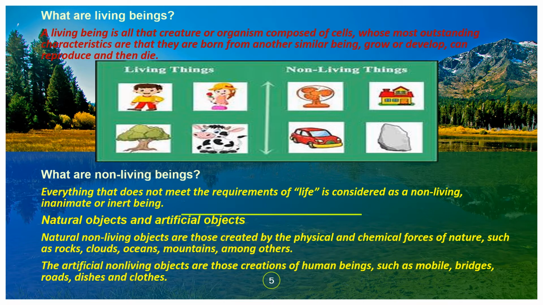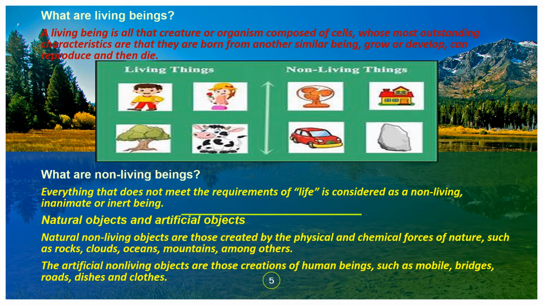You might have studied in your previous class that the basic unit of our body or living organism is the cell. So a living being is any creature or organism composed of cells whose most outstanding characteristics are that they are born from another similar being, they grow or develop, they can reproduce, and then die. You can see in this picture, the living things are like a boy, girl, tree, animal.